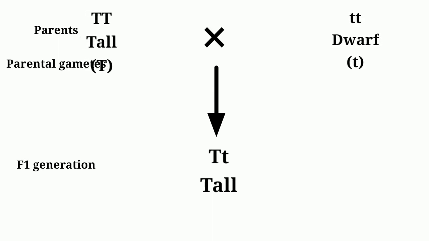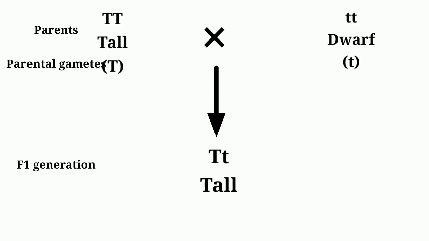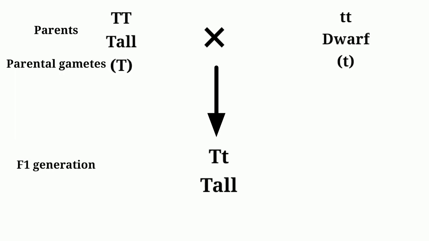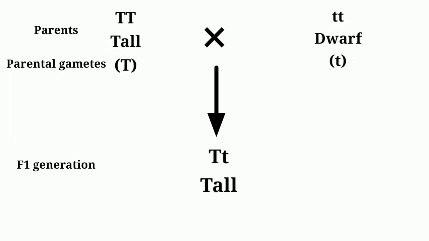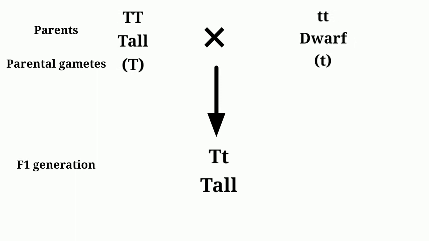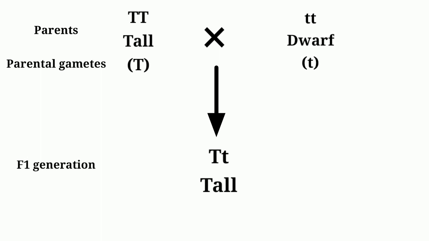As we know, during the formation of gametes, meiosis cell division will take place, and in homozygous individuals, as all the alleles are the same, capital T, all the gametes will possess the same type of allele.